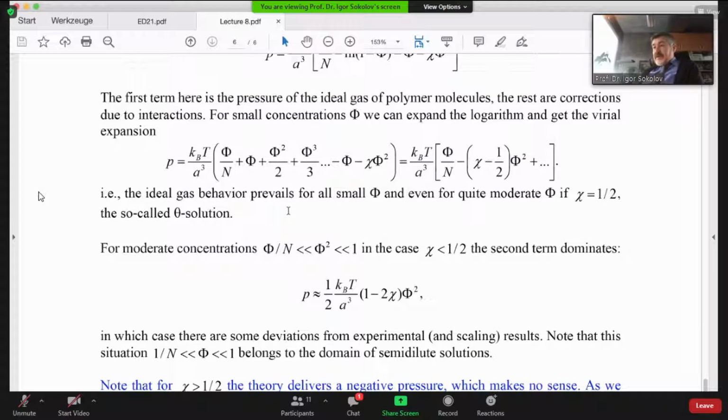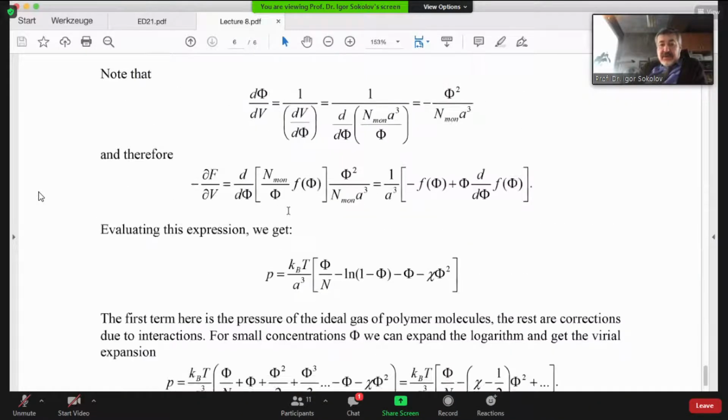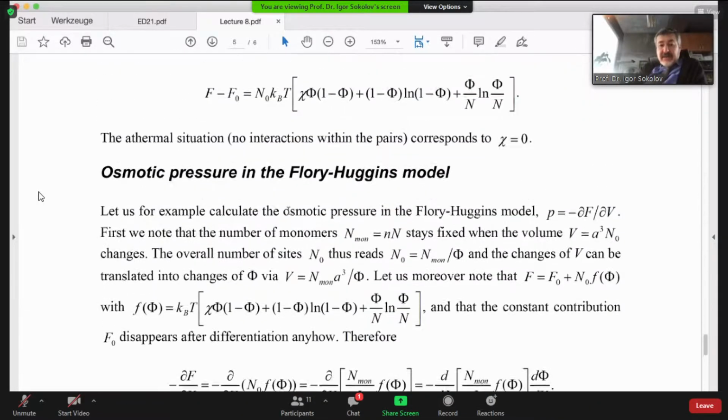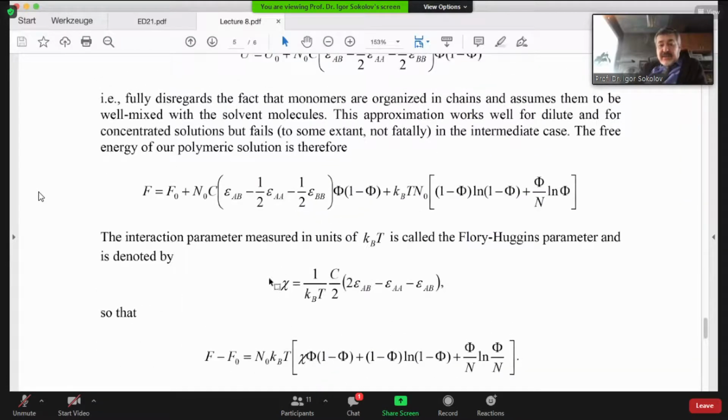Many things happen there. There is a border between good and poor solvents. Now what is important to keep in mind is that, according to the definition of chi, I have a possibility to change the value of chi by changing temperature.